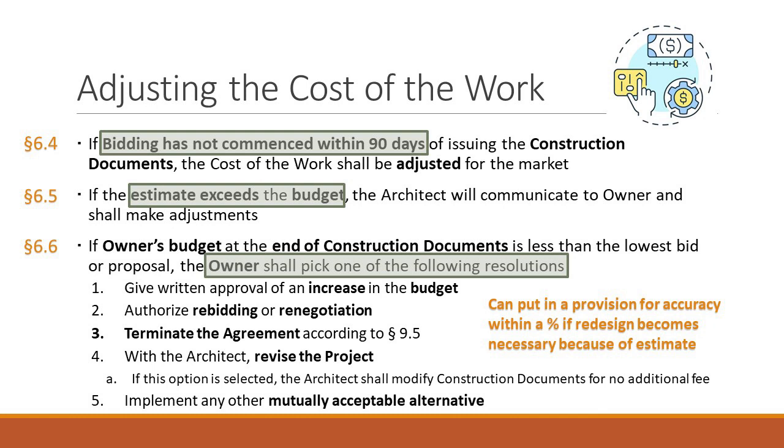Well, that's what 6.7 says. If the owner chooses to proceed under 6.6.4, which is what we did here, revise the program, scope, or quality, the architect, without additional compensation, shall modify the construction documents as necessary to comply with the owner's budget. So what this says is, we have a $200 million budget. You knew it.